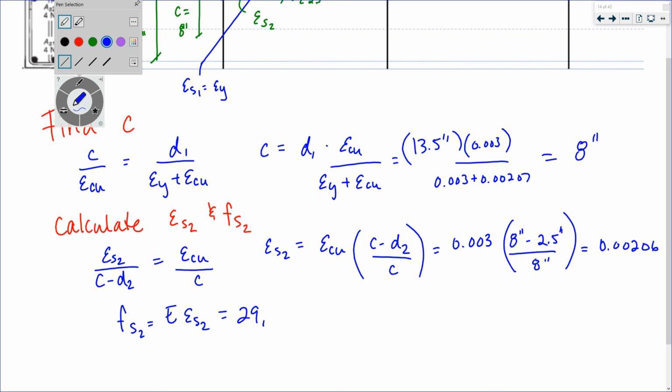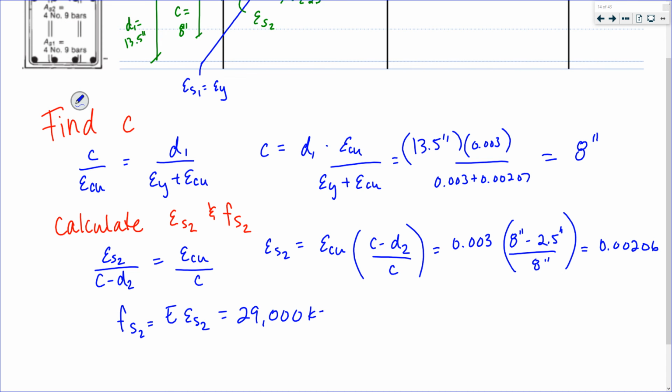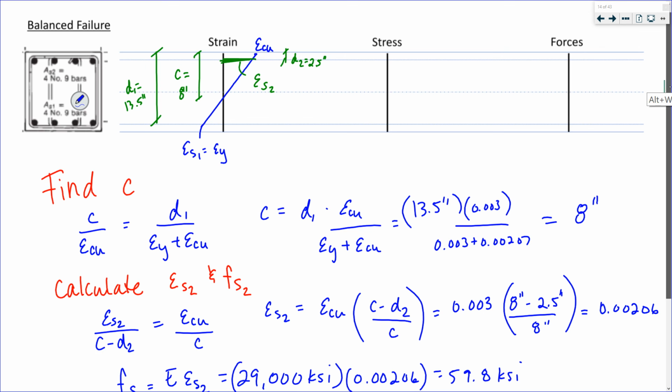So 29,000 KSI times 0.00206, 59.8. So you're almost to yield. You're just before yielding. So not only are you yielding your tension reinforcement, but you're almost yielding your compression reinforcement.